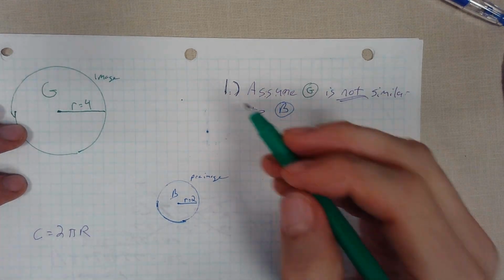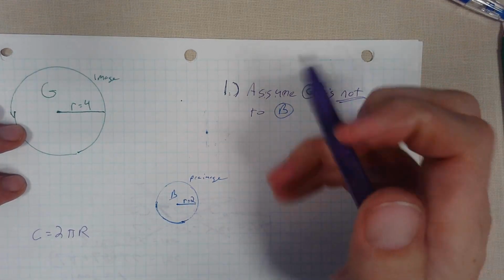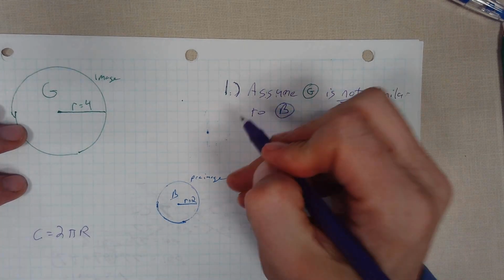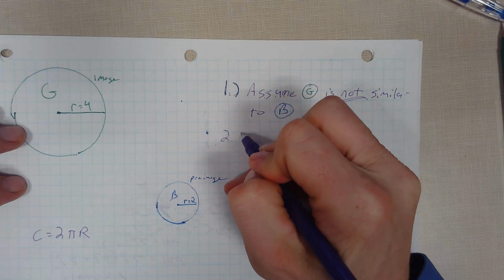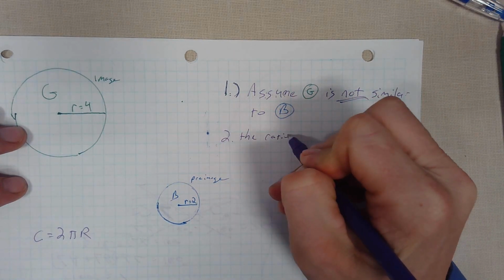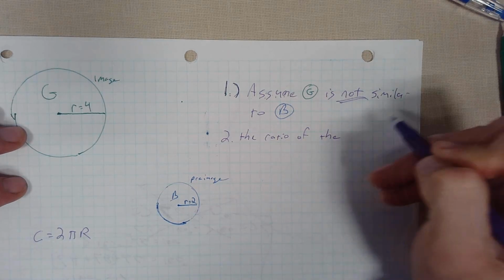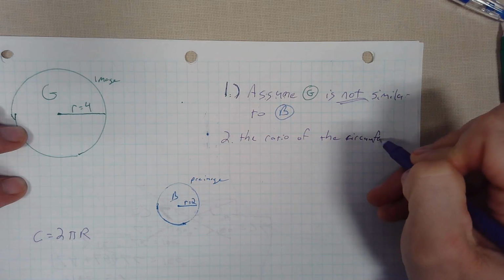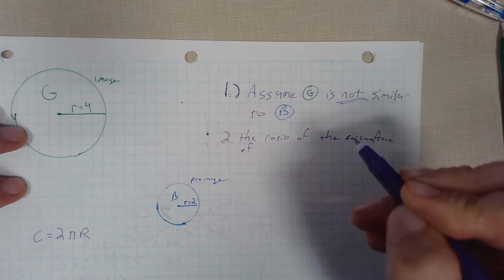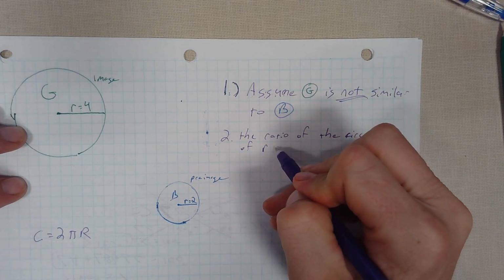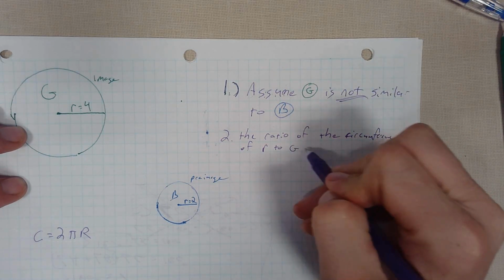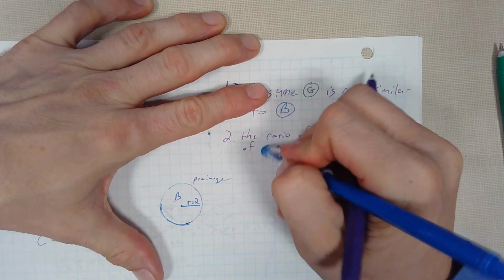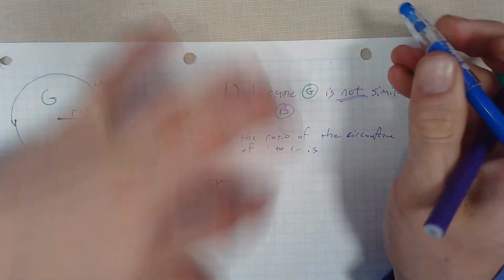Okay, so we're going to say something along the lines of the ratio of the circumference of R to G. It's not R to G. What am I doing? A ratio of the circumference.